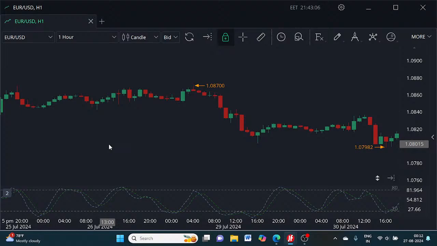So for that you also have to get the trend right, and what you can do is also pay attention to the price action, see what the recent highs and recent lows are, and the general trajectory of the price action needs to be considered as well.